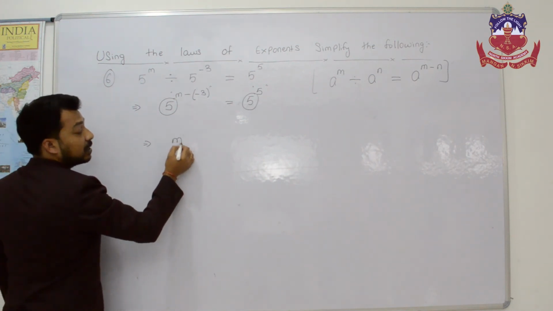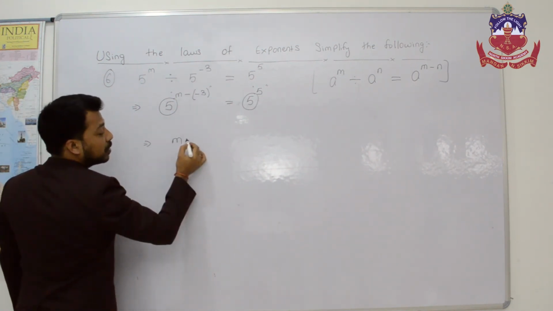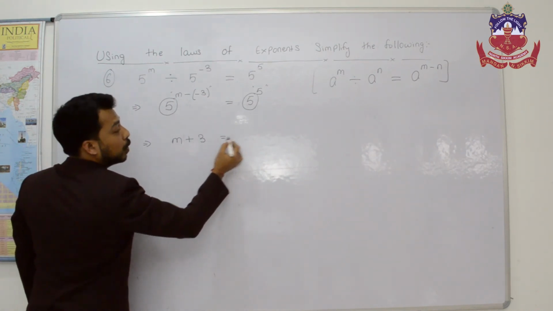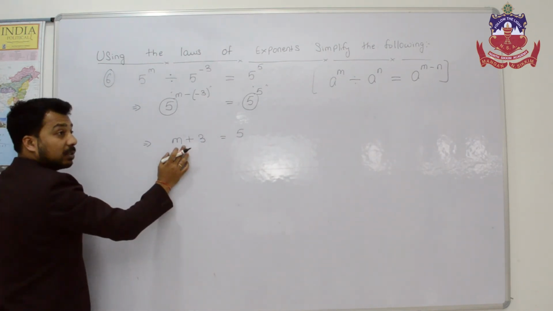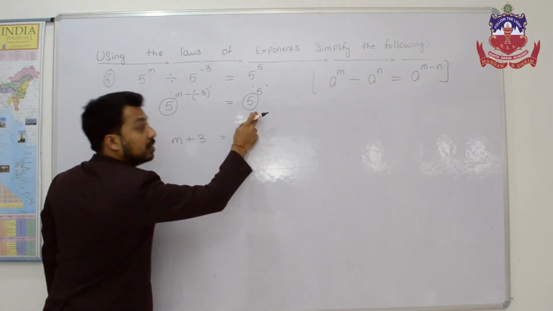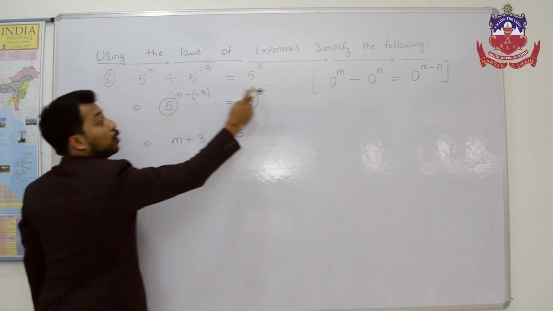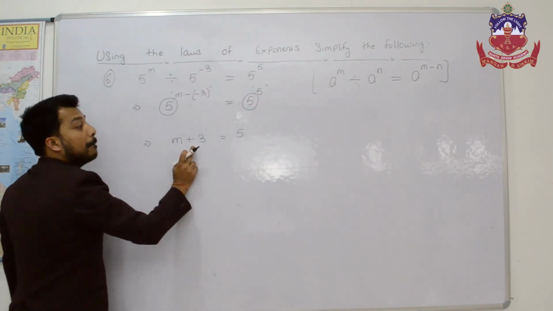So we can write this as m. Let's open the bracket. Minus minus will give us plus 3 is equal to 5. Now why are we writing this? Where is the base? Since the base of the left hand side and right hand side is the same, we do not write the base; the powers will also become equal, so we have only written the powers.